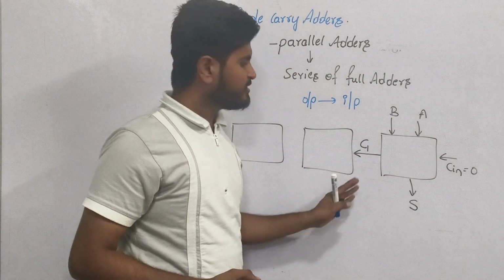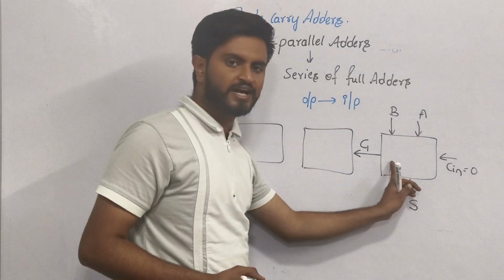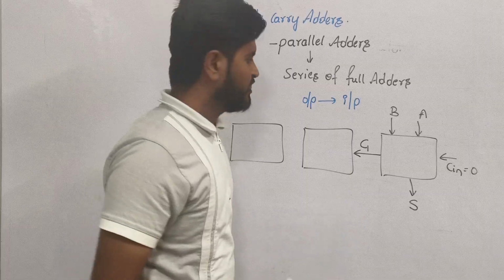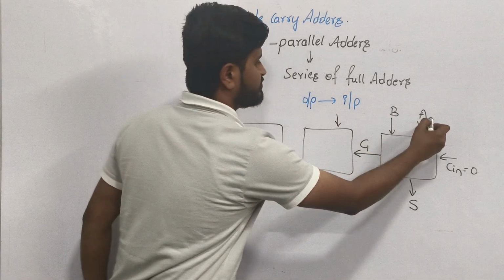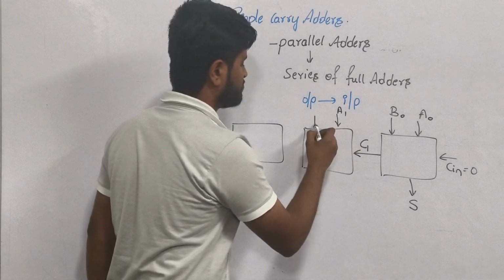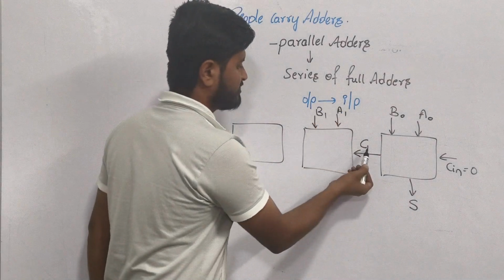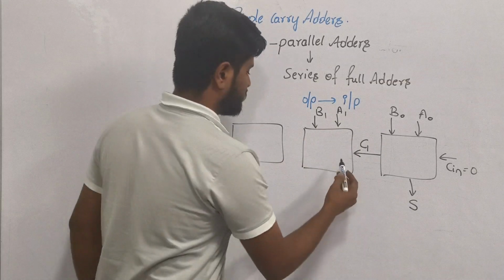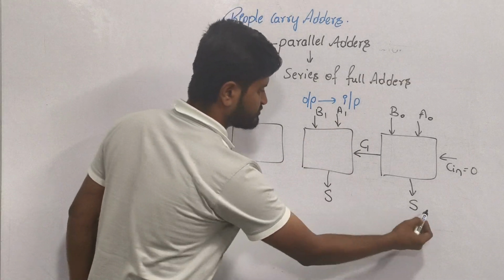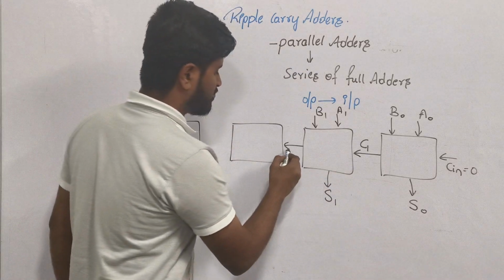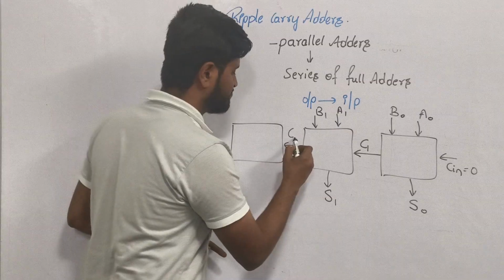As I said earlier, the output of one full adder will be acting as the input to the next full adder. So this is of A0, B0. Now let's write for A1 and B1, and C1 is the other input, that is total 3 inputs, and the outputs will be S1 and C2, that is carry 2.